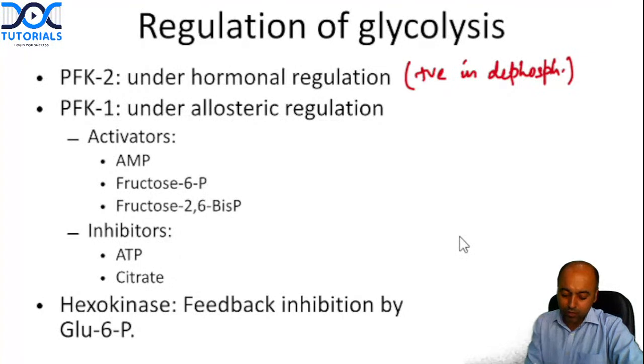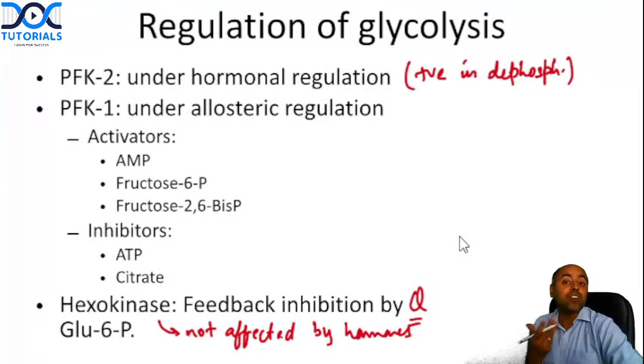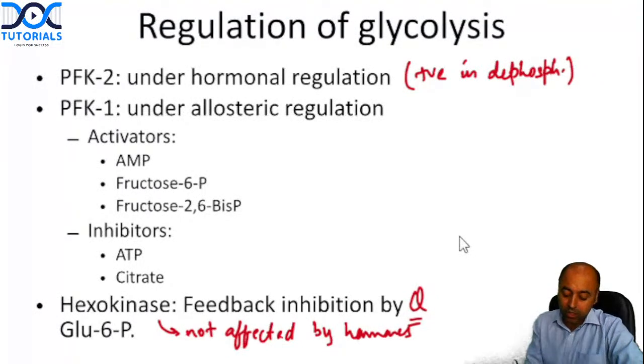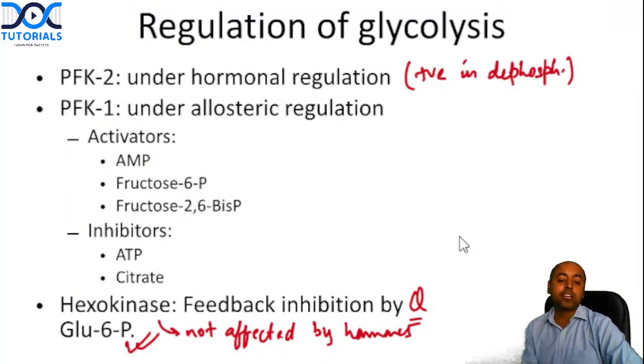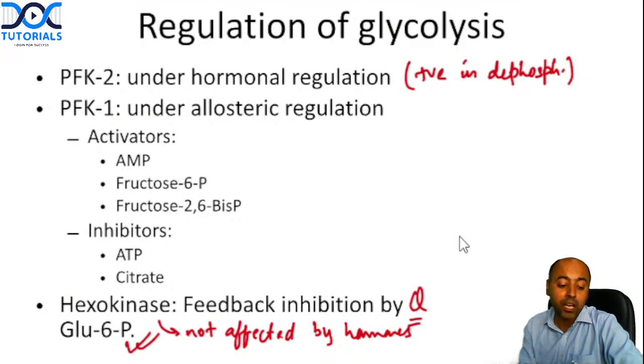Please note, hexokinase is not affected by hormones. This is another commonly asked question: which of the following enzymes of glycolysis is not affected by hormones. There you are going to mark hexokinase. Hexokinase is not affected by hormones, rather it only shows feedback inhibition by glucose 6-phosphate.